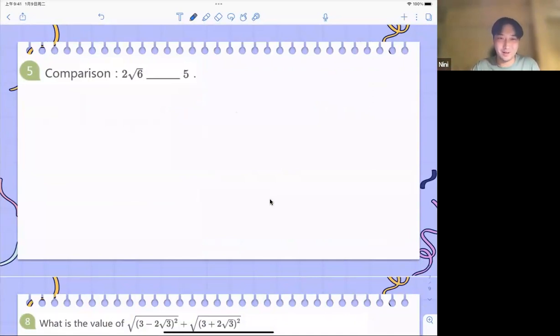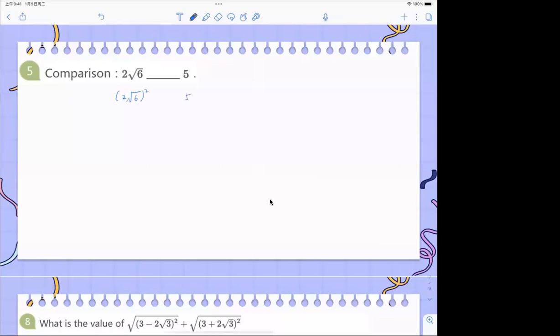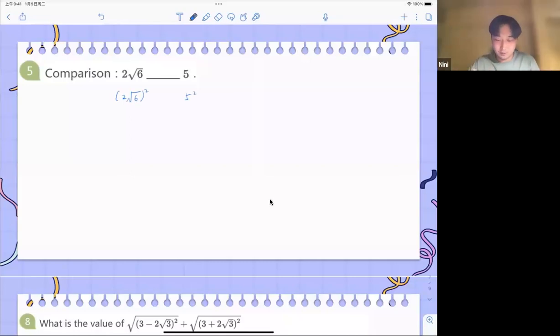We cannot compare it with the square root symbol. So what we can do is to do it this way. We put the power back, right? So we put it to the power of 2, and then we get 5 to the power of 2, right? So we get 2 sides this way.